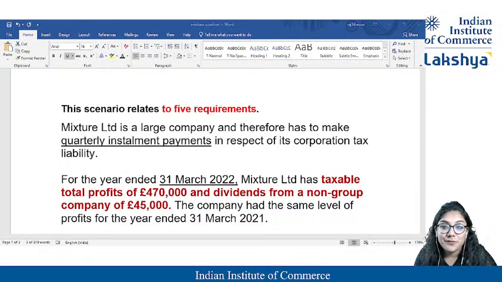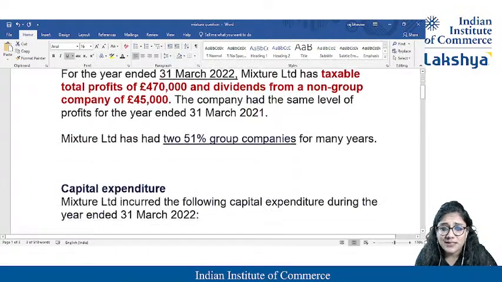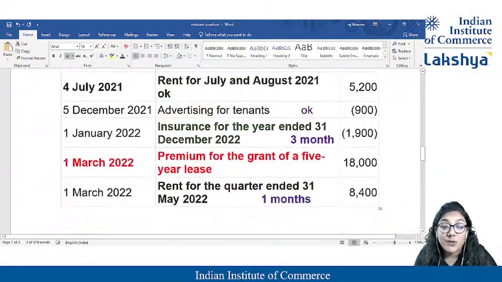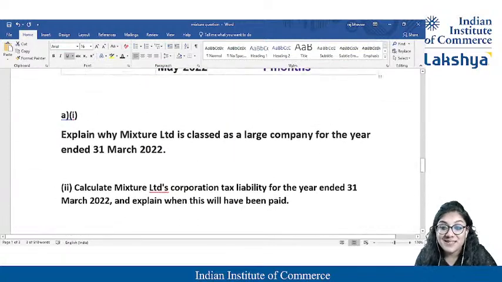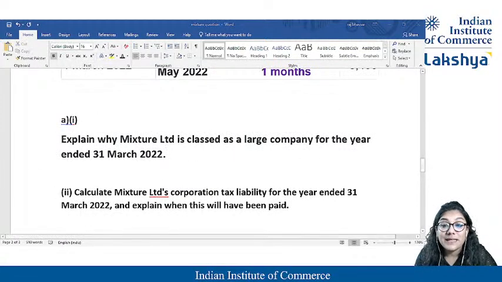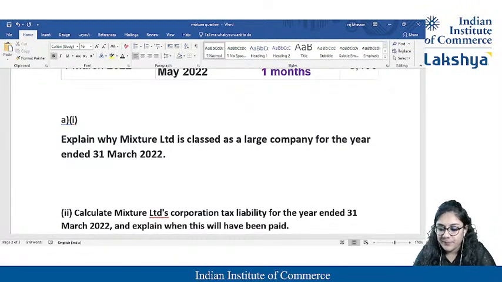So let us write the first answer that they have asked. Students, by just writing that, you will get 2 marks. Shall I write the answer? I'll write the answer here only. So what will be my answer?